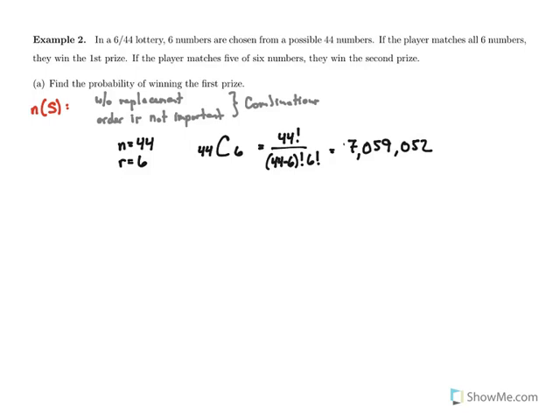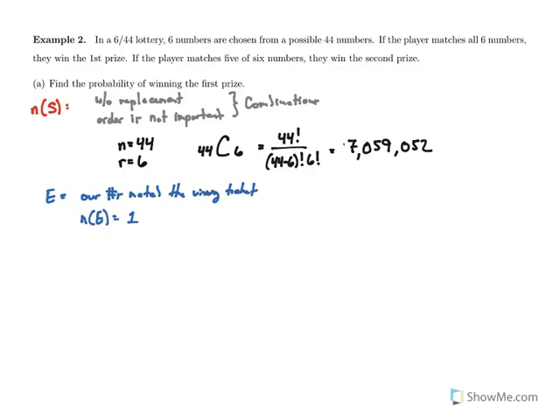So here the probability of our event, we should say that our event is that our numbers match the winning ticket. And the size of that event is just 1.